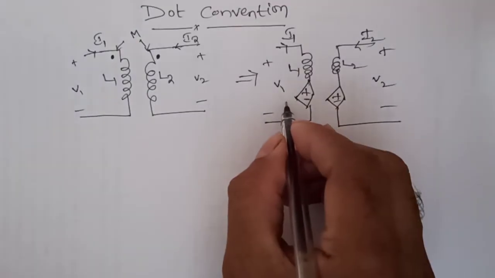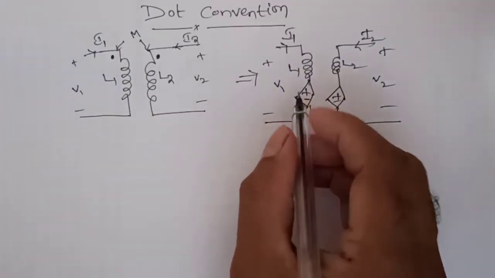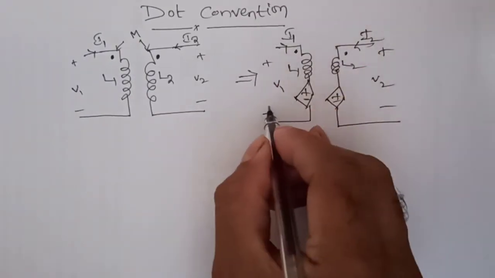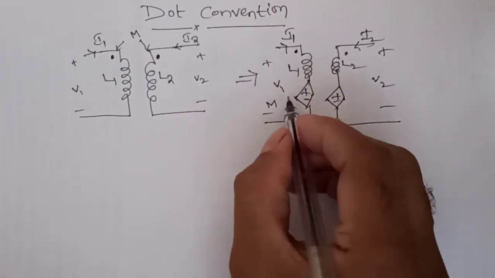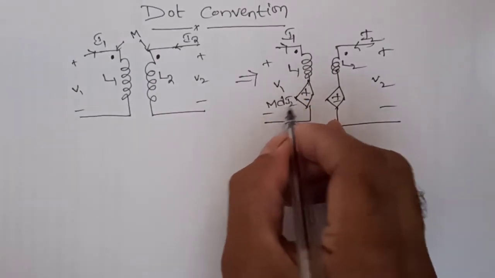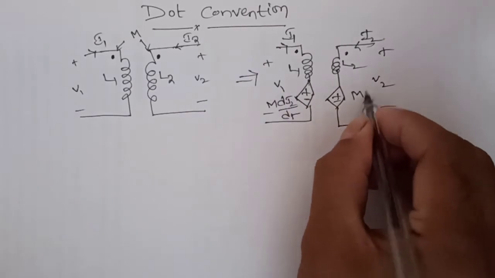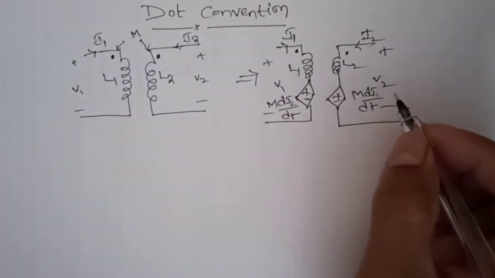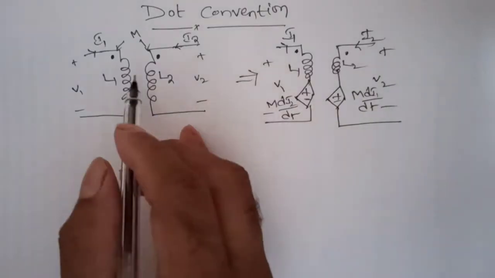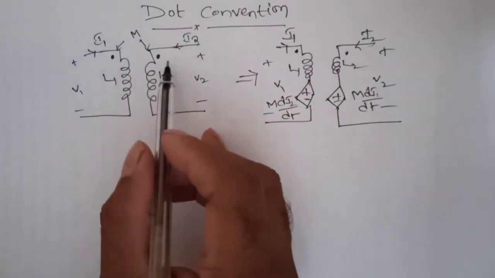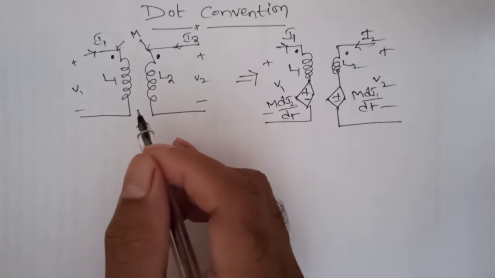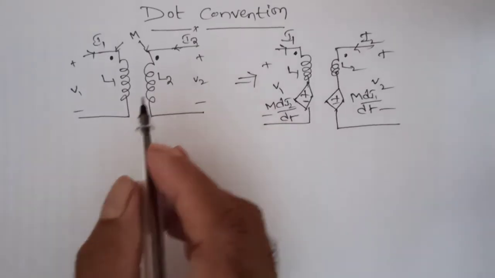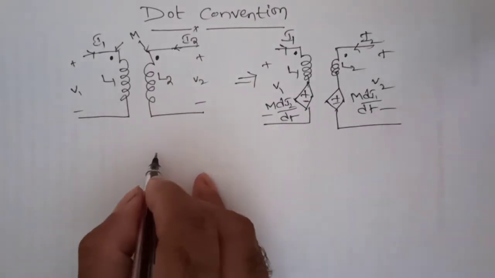Then the voltage induced in the first coil due to the second coil can be indicated with M into di2 by dt. Here it can be indicated with M into di1 by dt. Whenever the dots are mentioned like this, the mutual inductance will become positive.